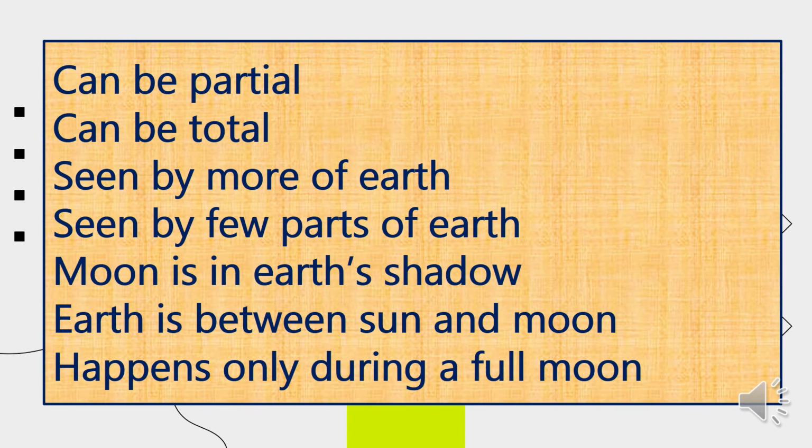These are the information that you are going to use in comparing the solar and lunar eclipse using a Venn diagram. Can be partial, can be total, seen by more of Earth, seen by few parts of Earth, moon is in Earth's shadow, Earth is between sun and moon, happens only during a full moon.